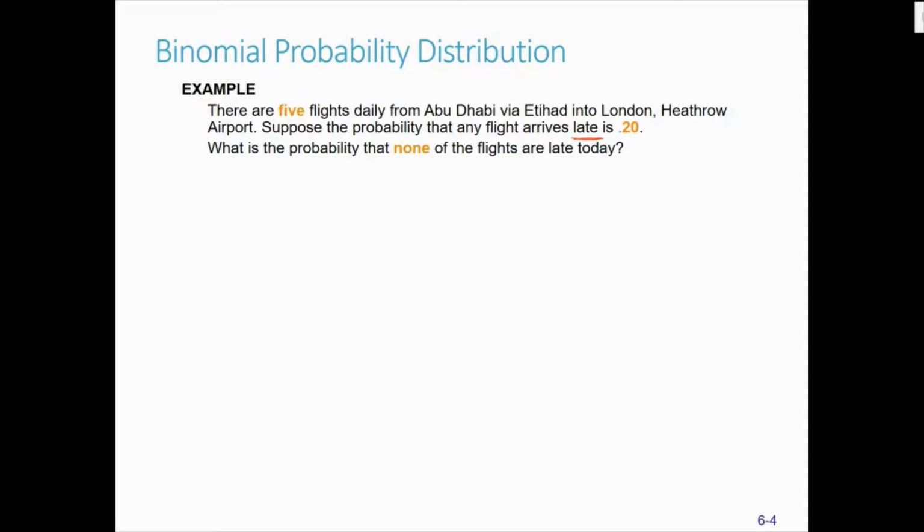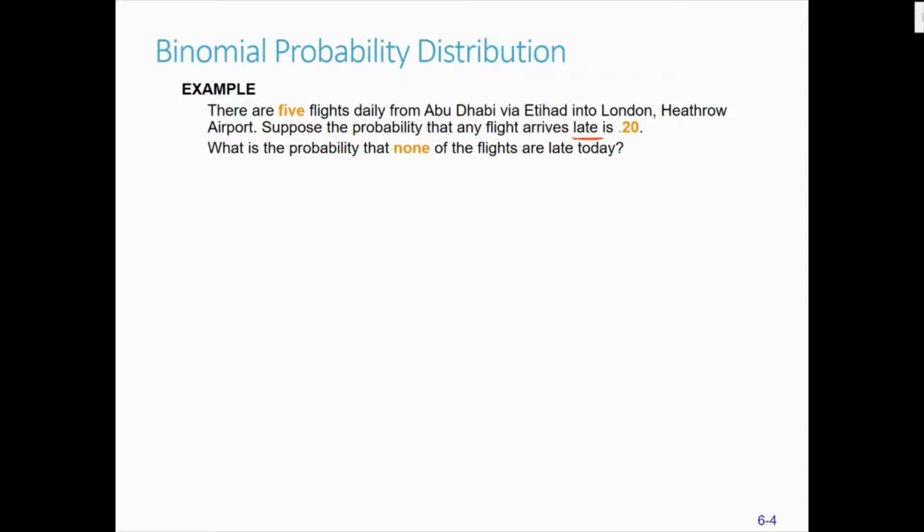Now, the other characteristic is that each of the outcomes is independent. One airplane arriving late or on time has nothing to do with another one arriving late or on time. They don't affect one another.